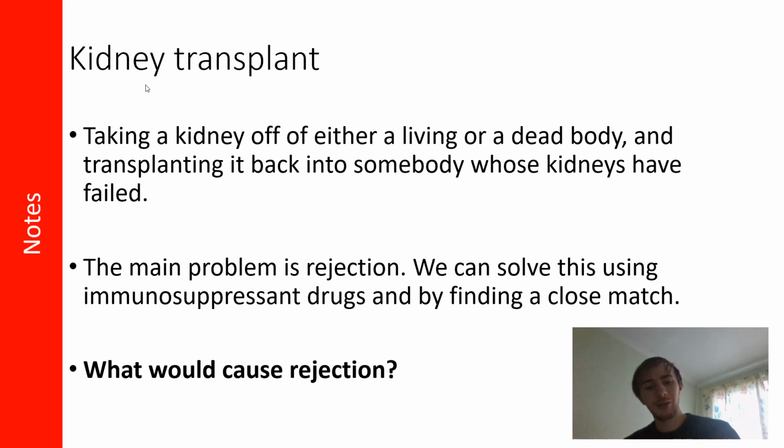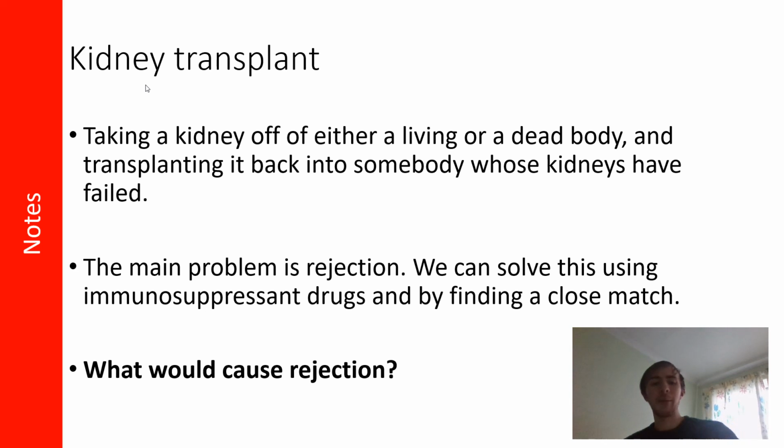Rejection is where your white blood cells feel the antigens on the kidney and realise it is not made of your cells. At that point, to your white blood cell, this may as well be a giant parasite that is now living inside of you. To their minds, though of course they don't have minds, that is something that needs to be destroyed. And of course, white blood cells can completely destroy things extremely quickly.